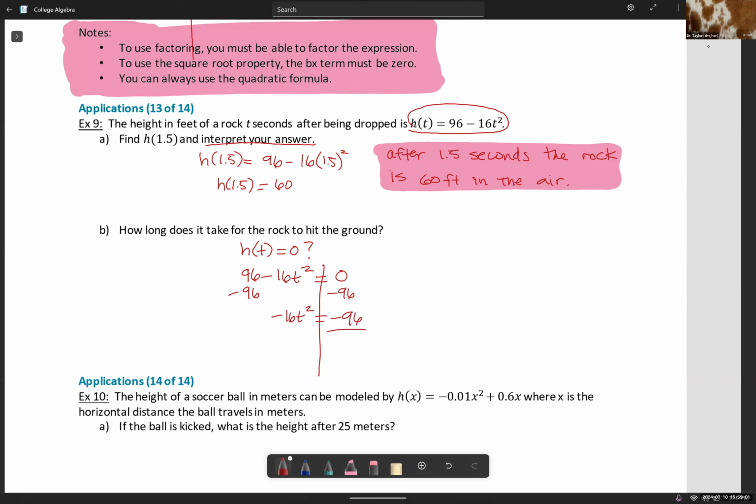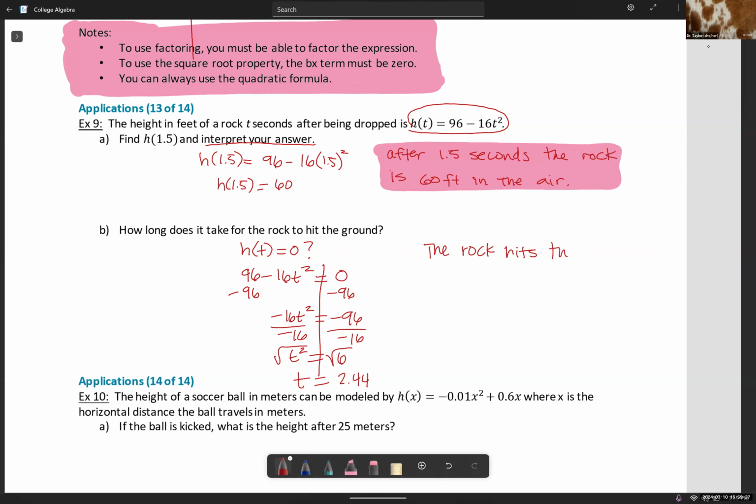Divide by negative 16 on both sides. Negative 96 divided by negative 16 is just 6. Take the square root of both sides. The square root of 6 is 2.44.